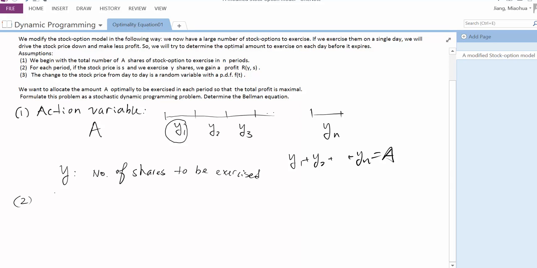So now we're going to look at the factors that actually help us to make the decision. Here we can say the factors, or the state variables, that influence our decision, or the factors that we base our decision on.